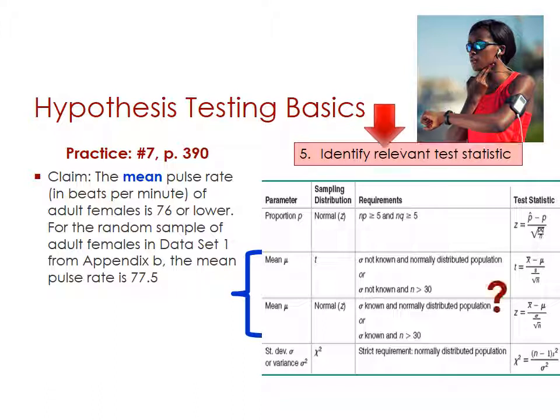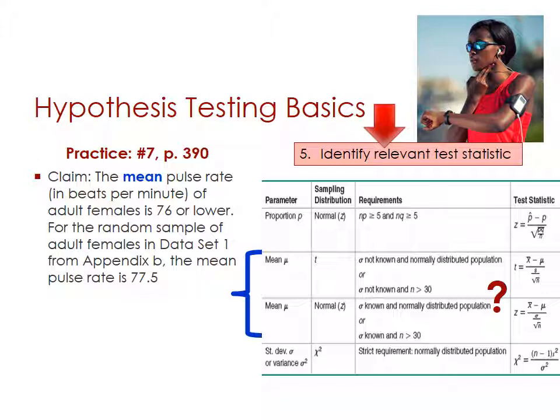And the next we need to be asking ourselves is which one of these two options are we using? So is our standard deviation for our population known or not known? In this case, it is not known. So we need to next ask ourselves, do we know if the population is normally distributed?